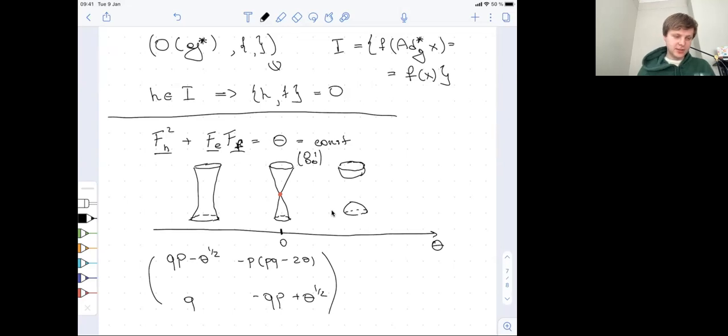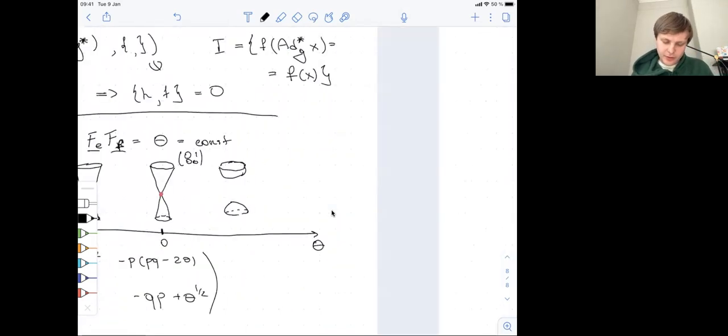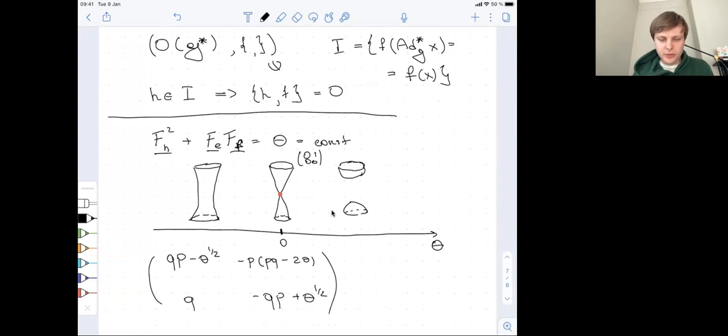In that case, it's just T star to R2. Okay, so why do I need this coadjoint orbit stuff? Because in the theory of the moment map, coadjoint orbits play a key role. And now, if you don't have any questions about this part, I will continue. But if you have, please ask them so we can go further.